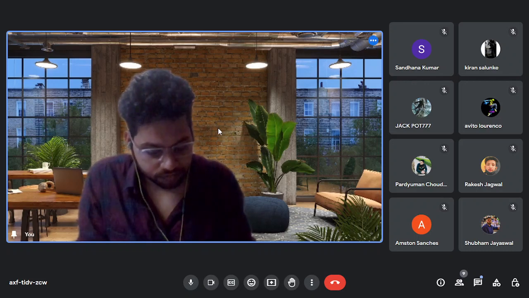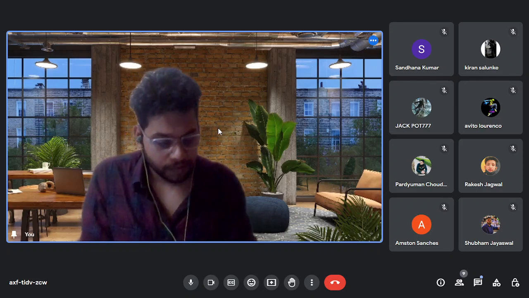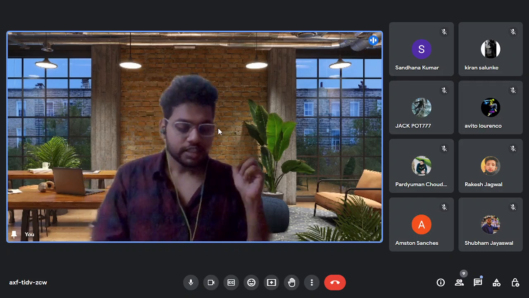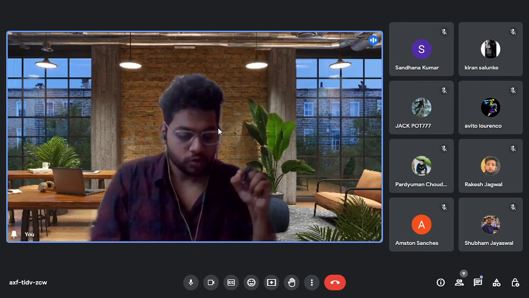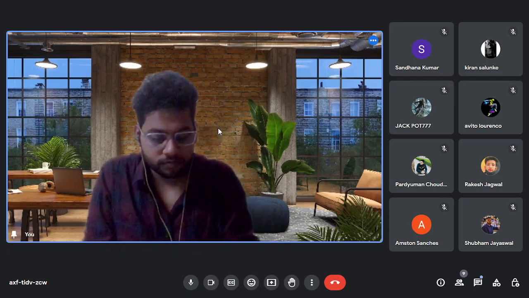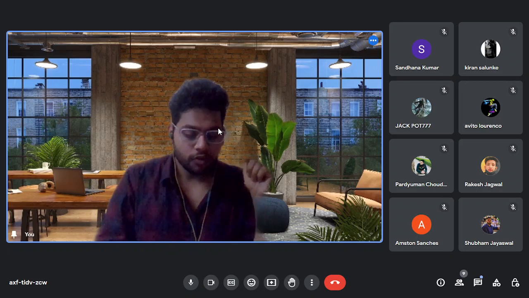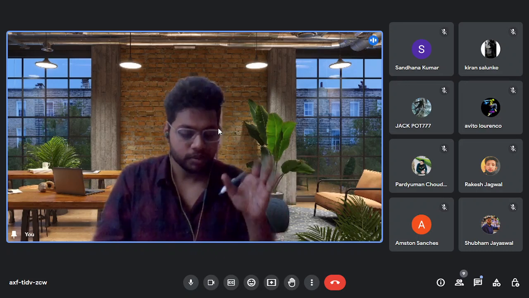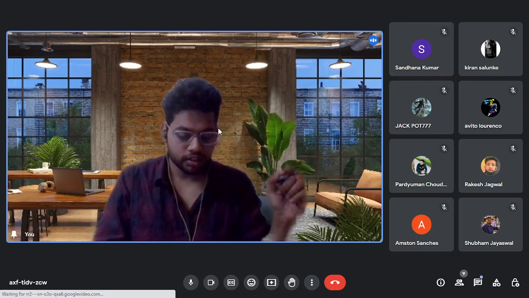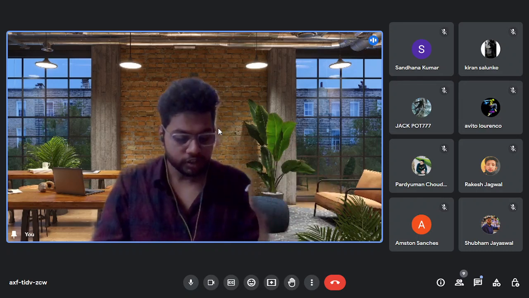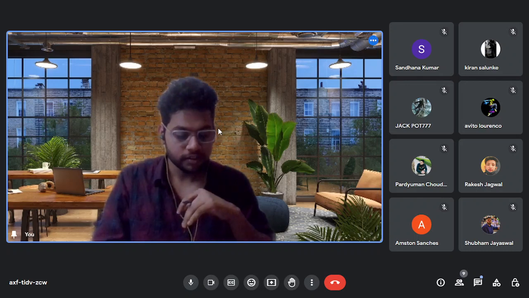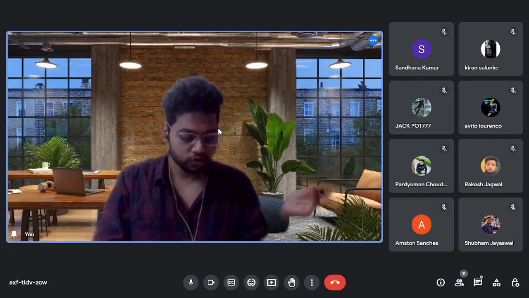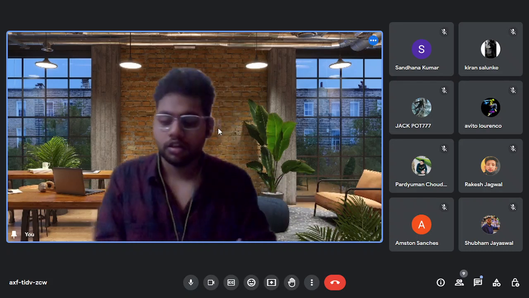Kirchhoff's law states that the sum of all the voltage differences in any closed loop in a circuit must be equal to 0. Kirchhoff current law states that the sum of current flowing into a junction or node will be equal to the sum of currents exiting the junction. चलेगा? All right.